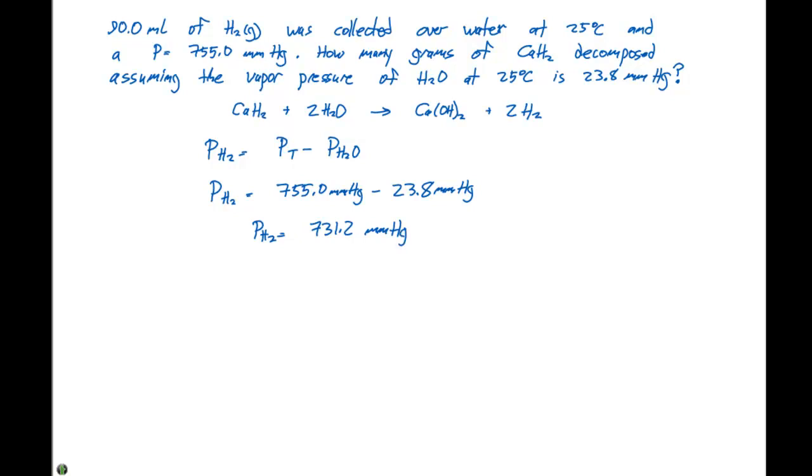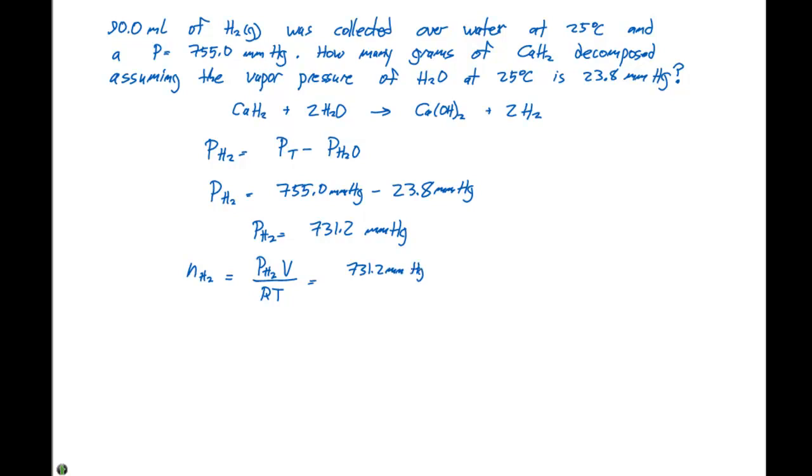And now we need to figure out how many grams of this compound decomposed. So we need to go from pressure to moles, which we can use the ideal gas equation. If we take PV equals nRT and rearrange that, the number of moles of H2 is going to equal the partial pressure of H2 times the volume divided by R times T. So this is going to be 731.2 millimeters of mercury.